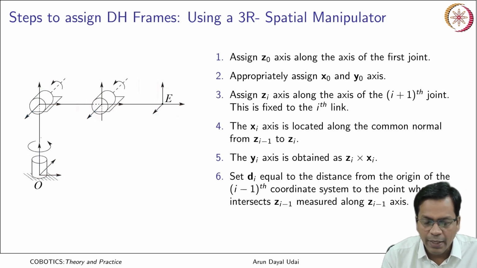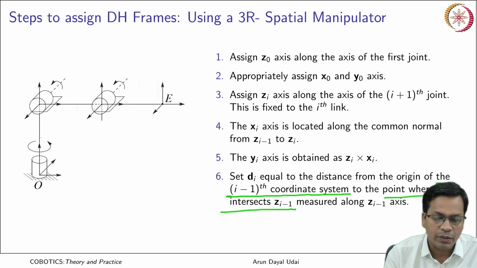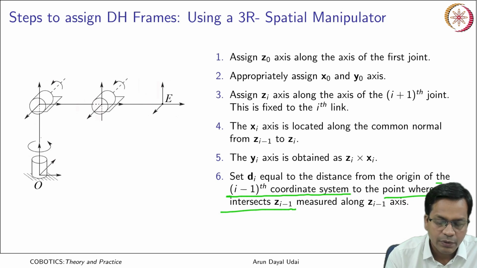So di is equal to the distance from the origin of the (i-1)th coordinate system to the point where xi intersects zi-1. Over here you have the distance measured along zi-1, this is your zi-1, till zi, and how much is that?